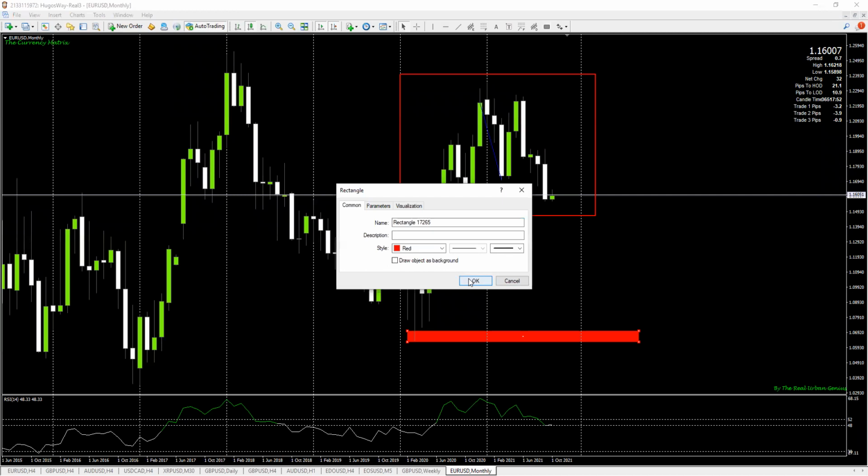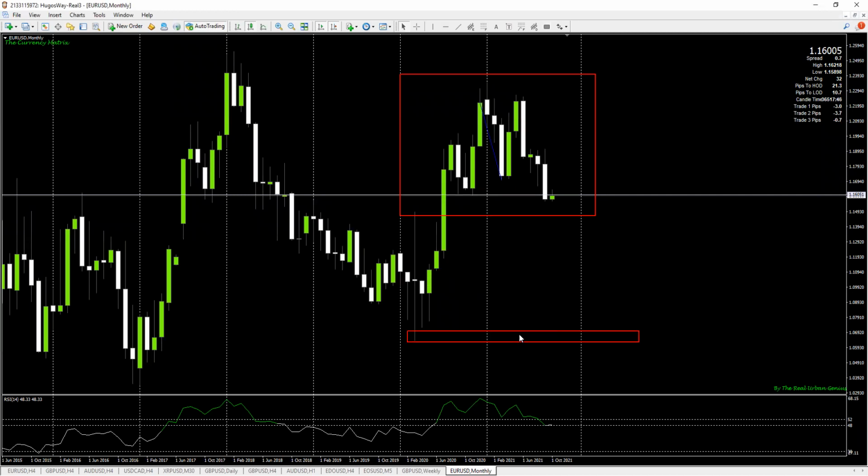So ultimately, you've got to go retest this level, because this is the only support. And that's down at $1.05, almost 10,000 pips from where we're currently at. And that's just on the monthly. So now we know and can confirm we're still solid in a downtrend.